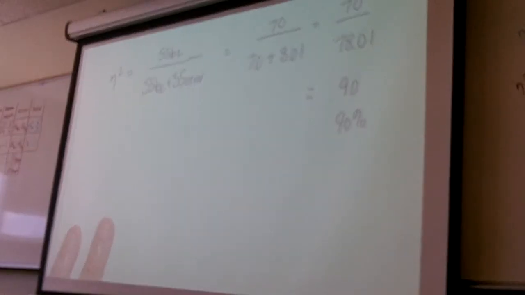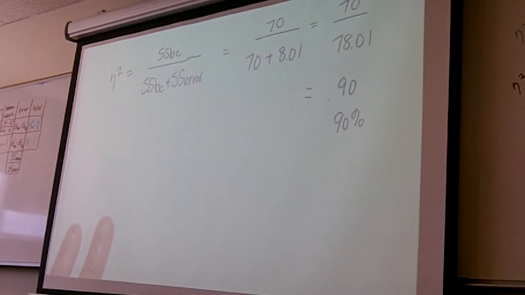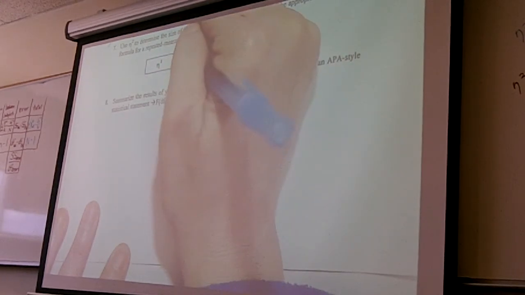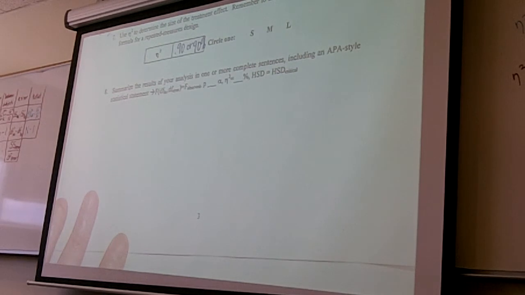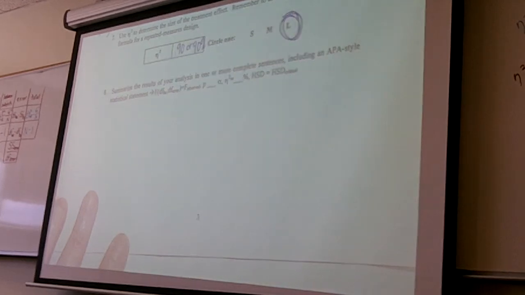Pretty much all of it. Right? When you practice, you get better at whatever it is you're practicing. So our eta squared is 0.90 or 90%. You can write either one of those. And that is a very, very, very large effect, for sure.